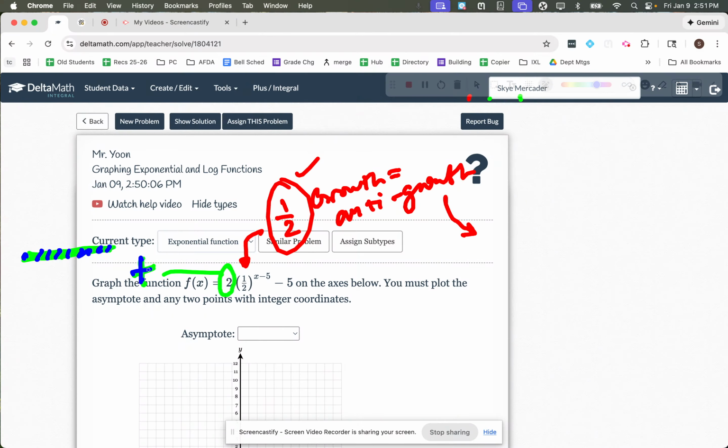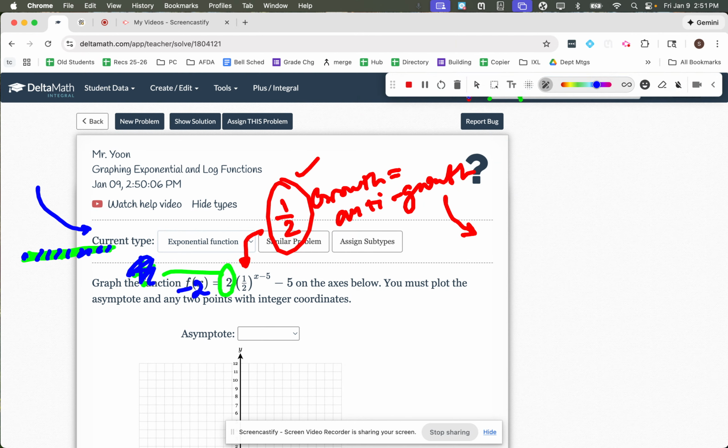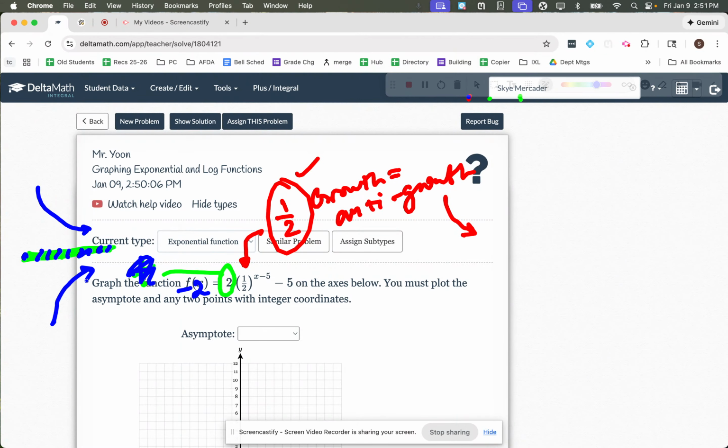If this factor is positive, the graph is going to stay up here and it's going to descend. Had this been negative, if this had said -2 instead, it would reflect that anti-growth, and you'd see this sort of shape below the horizontal asymptote. Okay, so those are all just hypotheticals.